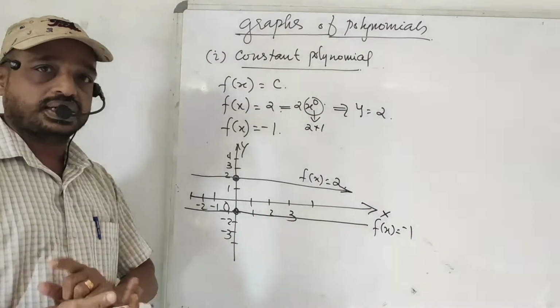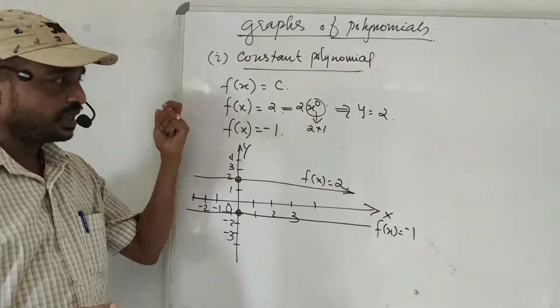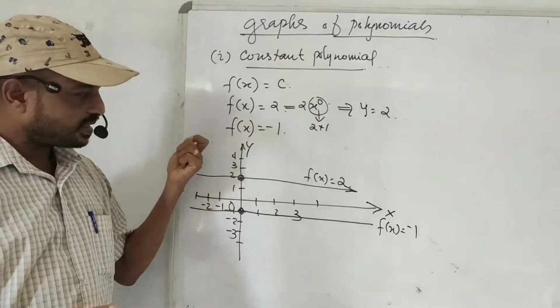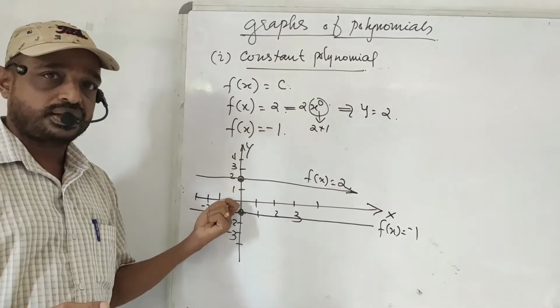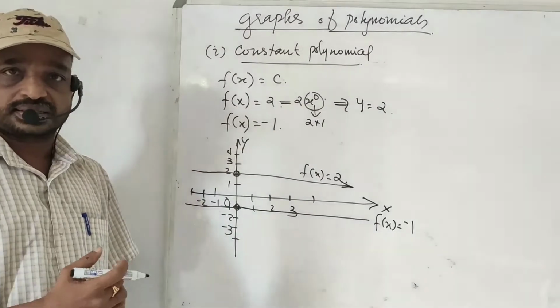Now, how will you find the zero of a polynomial graphically? To obtain the zero of a polynomial graphically, just find the point of intersection or point of contact of the graph with the x-axis.